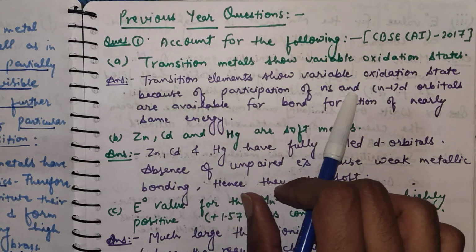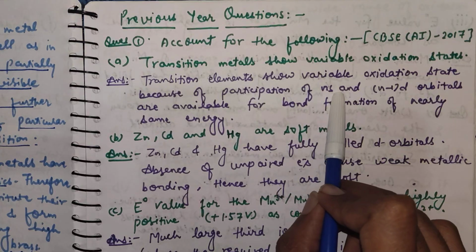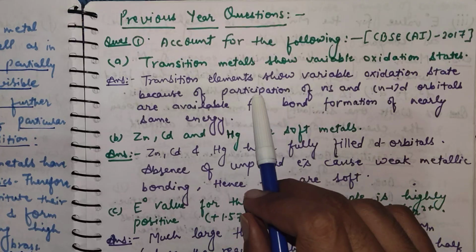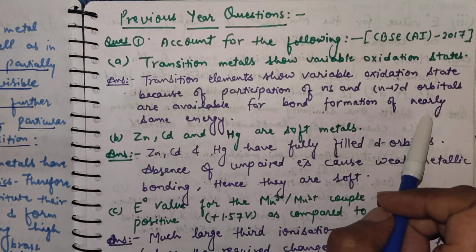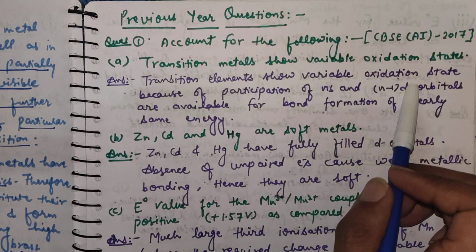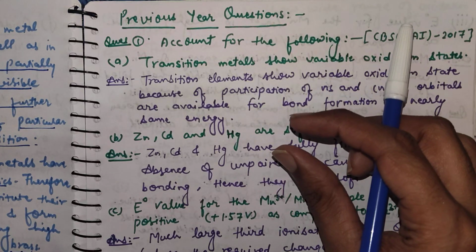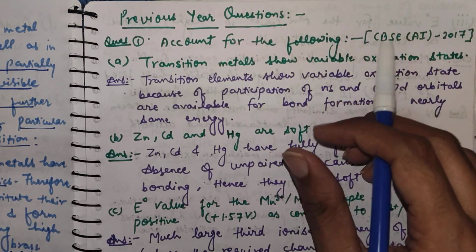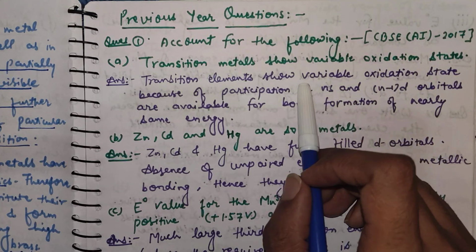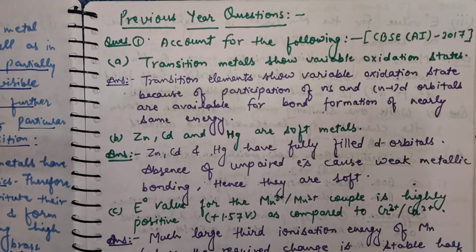Transition elements show variable oxidation states because of the participation of s electrons and (n-1)d orbital electrons, which are available for bond formation and have nearly the same energy. Why are both actively available? Because they have very close energy, so electrons can jump to occupy the d orbital subshells. So this is the reason transition metals show variable oxidation states.